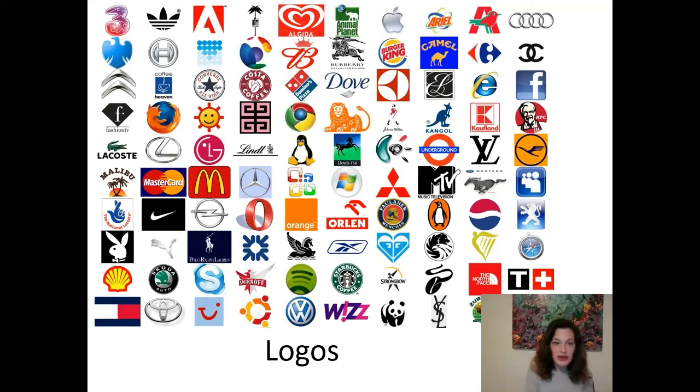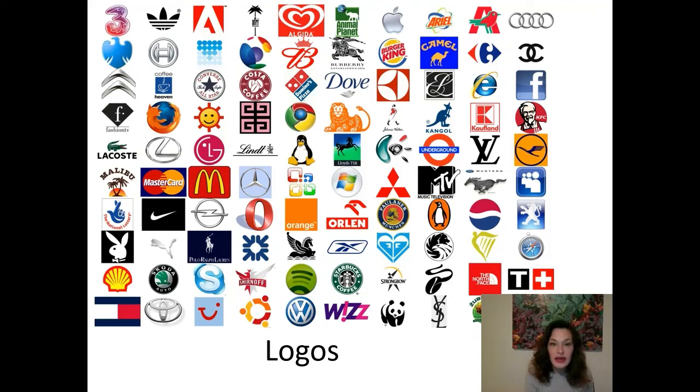Like for instance, the Tommy Hilfiger in the bottom left is wider than it is high, but it's not way wider than it is high. And the reason that logos tend to be compact is that you could put them in lots of different places. They'll fit on a letterhead, they'll fit in the corner of a website, they'll fit anywhere because they're compact. You don't have to rearrange other designs wherever you're putting them to make them fit.